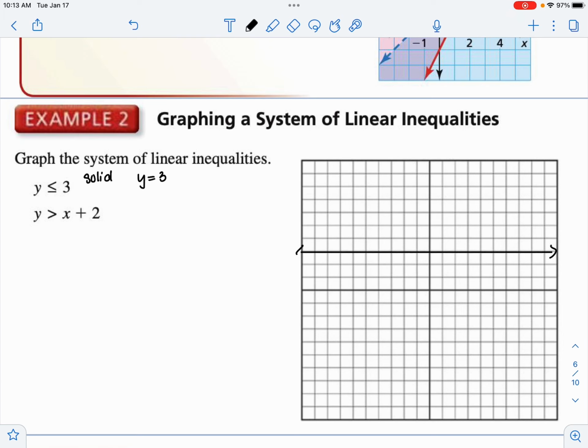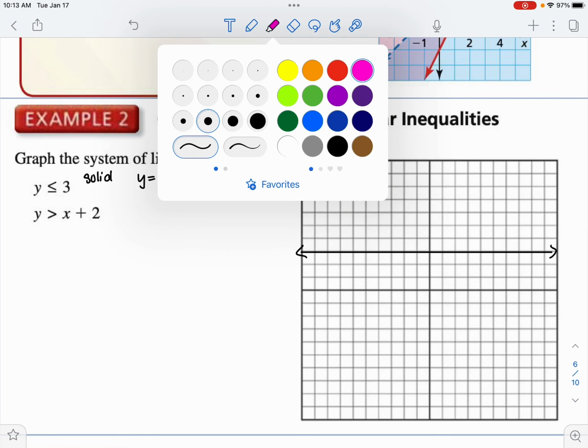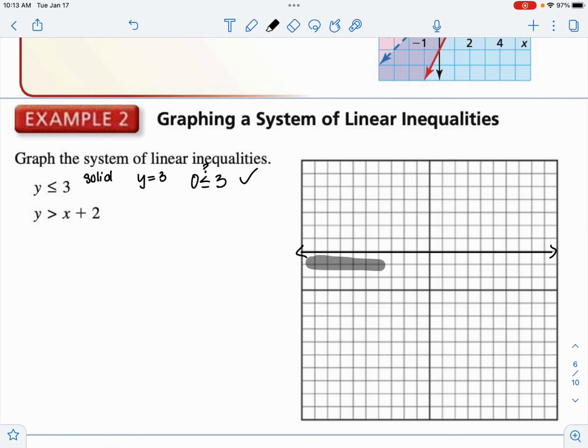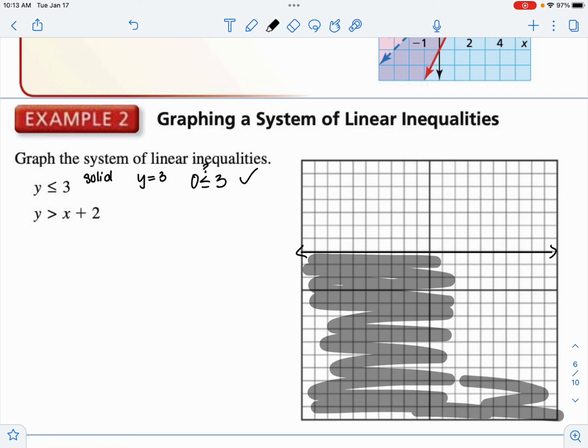And test a point, I'm going to test 0. So is 0 less than or equal to 3? And yes, that is true. So that means that I'm going to be shading, and I'm going to use a highlighter actually. Okay. So that means that I'm shading the bottom here.